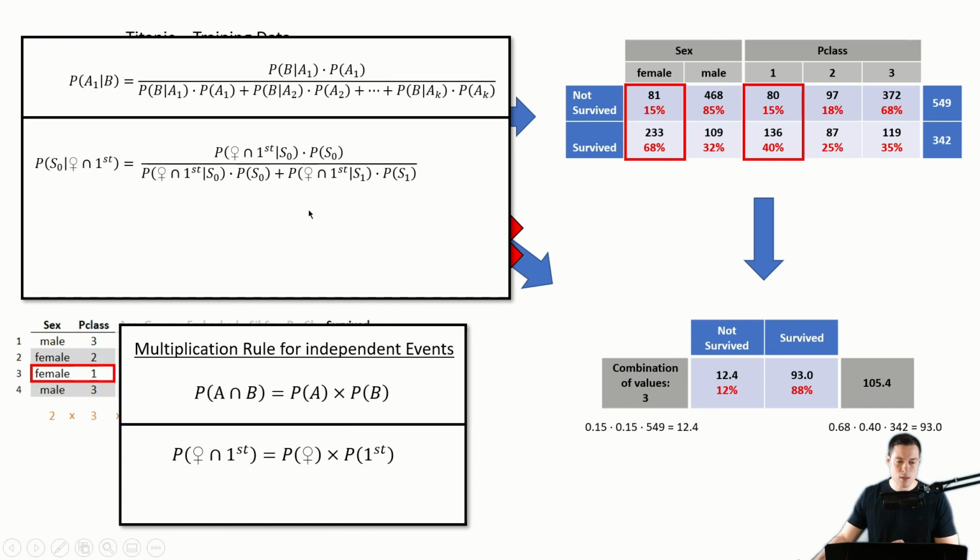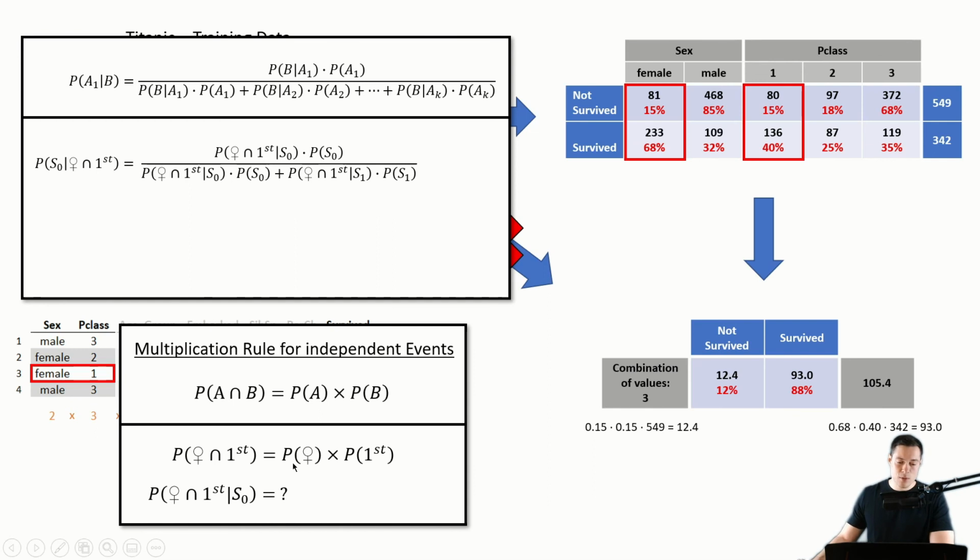But obviously here we have conditional probabilities and not just regular probabilities. So how does this multiplication rule work in that case? Actually, this is pretty straightforward. What we want to know in this expression is the probability that a passenger is female and travels in first class.